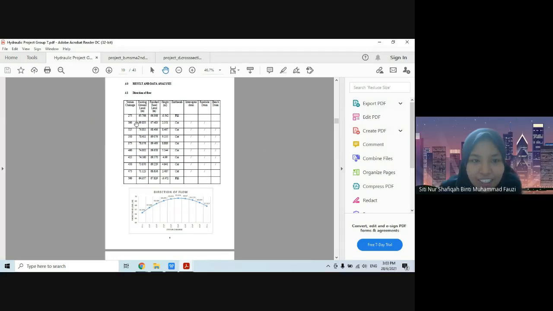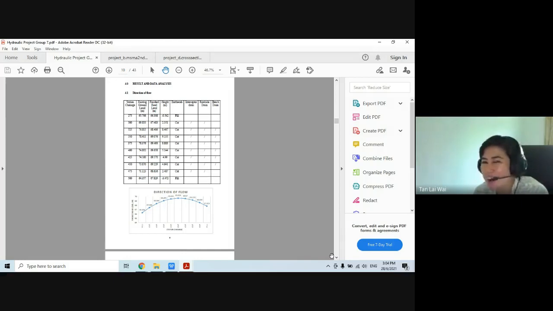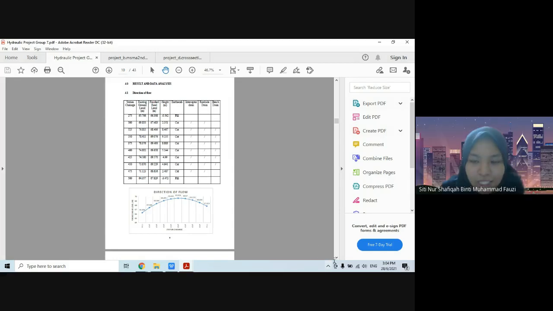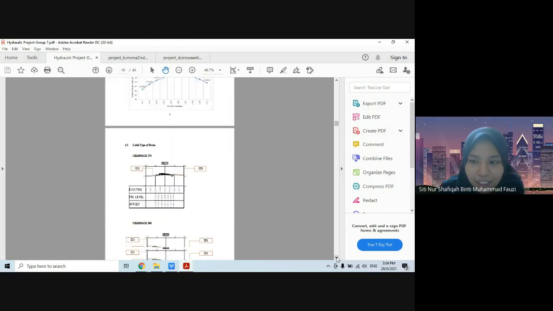Kalau yang ni based on menyeluruh, macam kita tengok dari chainage 275 sampai 500, kita orang buat yang menyeluruh. Untuk tahu yang by section tu kita tengok dekat yang macam saya tunjuk tadi. Arah aliran tu ID dengan RST lain, semua lain. Sekejap doktor.